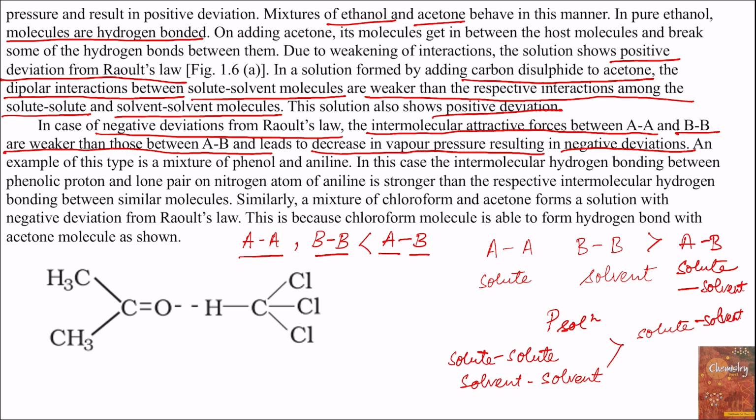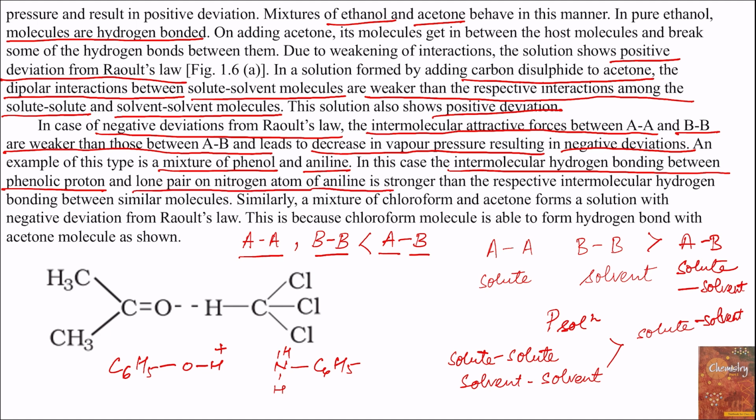An example of this type is a mixture of phenol and aniline. This is the structure of phenol and this is aniline. In this case, there is intermolecular hydrogen bonding between the phenolic proton and the lone pair on the nitrogen atom of aniline.